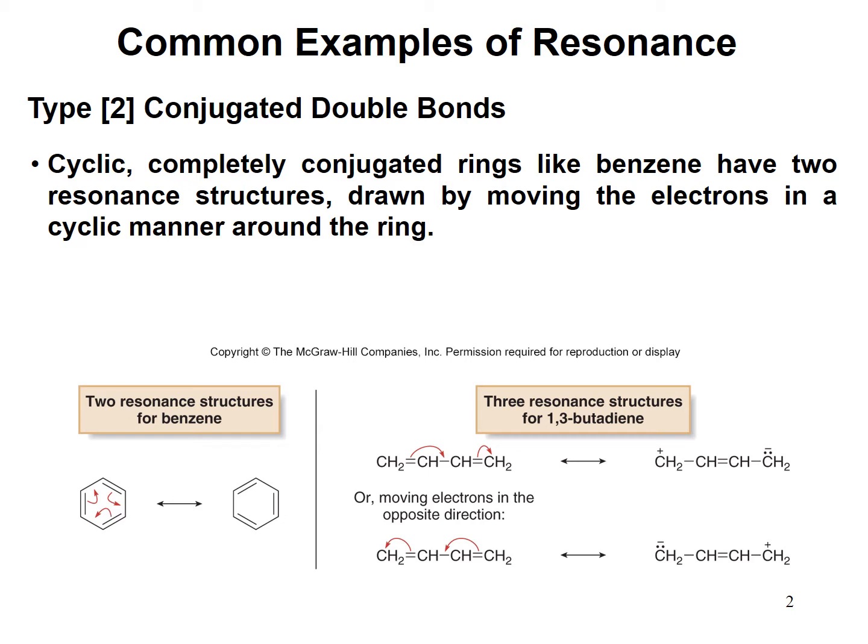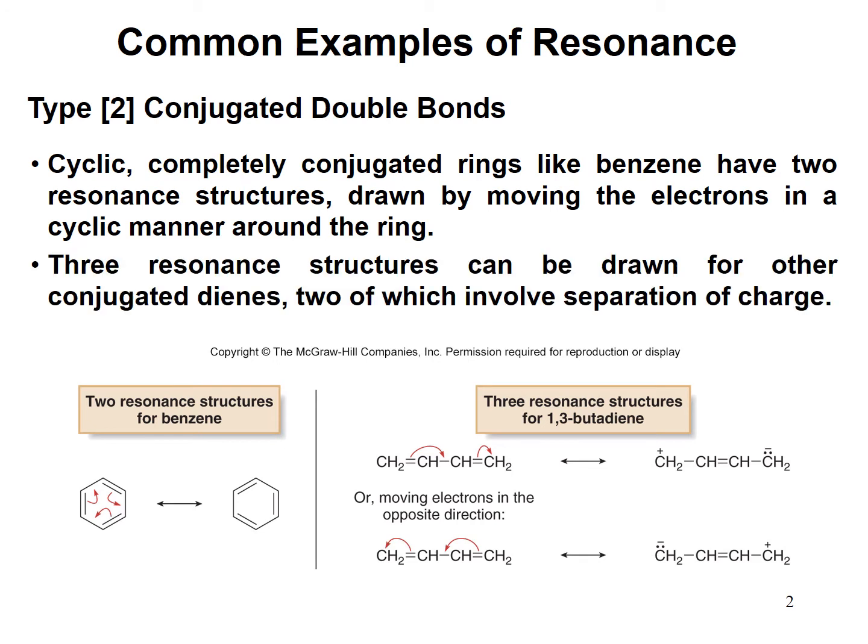If we take 1,3-butadiene, we can take the electron density between carbon 1 and 2 and put that between carbon 2 and 3. Doing that forces the electron density between carbon 3 and 4 to go onto carbon 4. So we can actually get a resonance structure that induces charge for this species. So 3 resonance structures can be drawn for other conjugated dienes, 2 of which involve separation of charge.